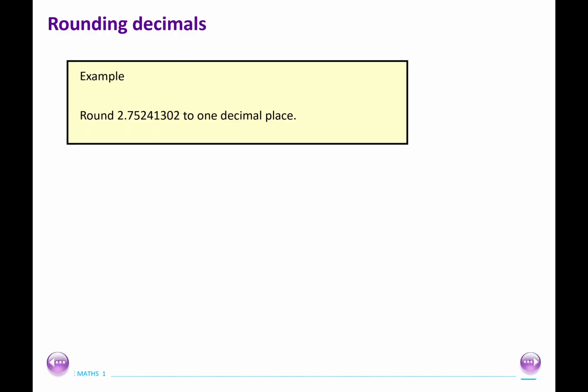Let's look at how we can round decimals. We're given the number 2.75241302, and we want to round it to one decimal place. First, look at the digit in the first decimal place.